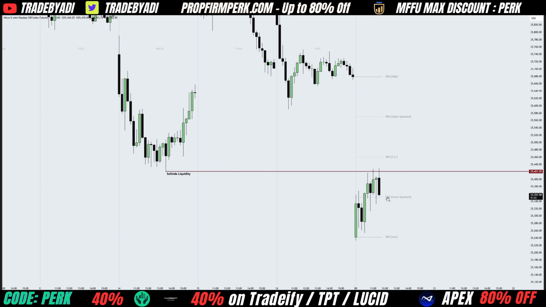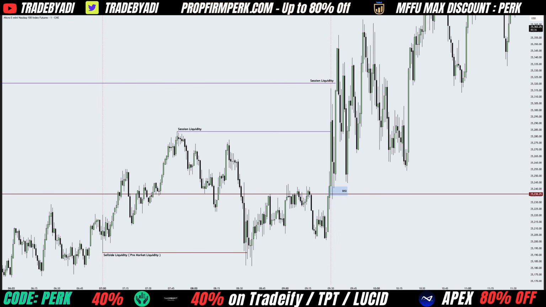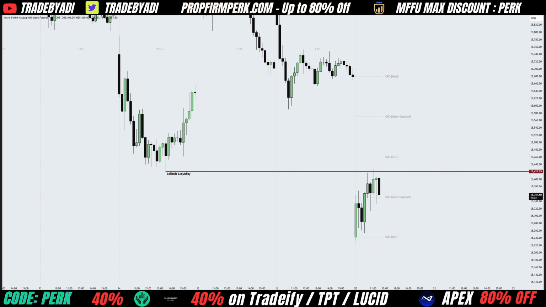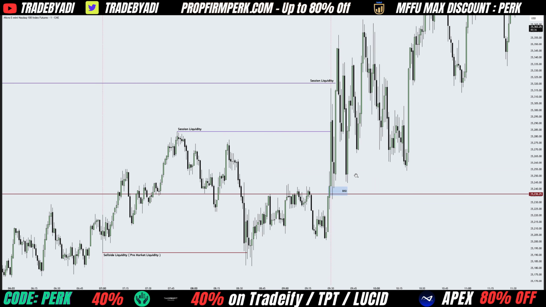And if you see, we also tapped into the lower quadrant, the lower 25% of the opening range gap. This should be the first target. As soon as the price traded to 9:30, it already tapped it. So there is no point trading the AM session if you have not positioned yourself on this fair value gap.